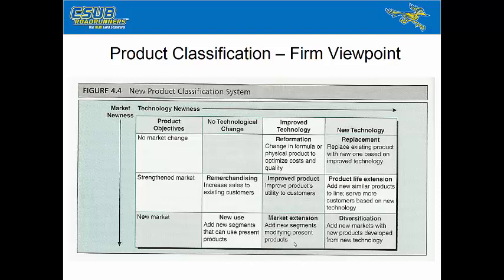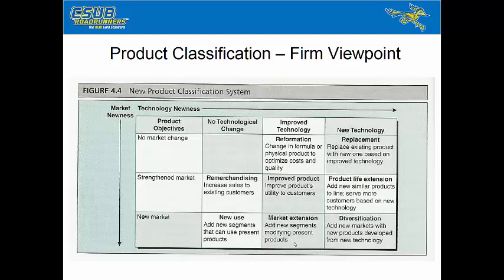It opens that market up to laptops in a way that wasn't really such a segment in the past. So, market extension, improved technology with a new market. And then some of the most radical innovations from a company point of view: new technology with no market change, replacement.